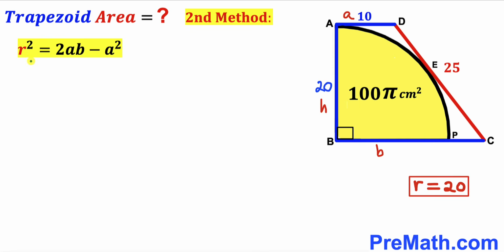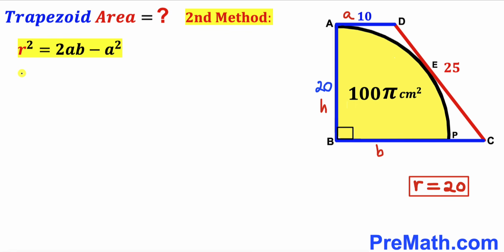We are going to use this very simple formula: radius r squared is going to be equal to 2 times a times b minus a squared. And we know our a value is 10 and our radius lowercase r value is 20. So we can calculate b over here.